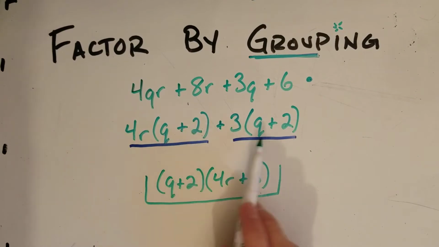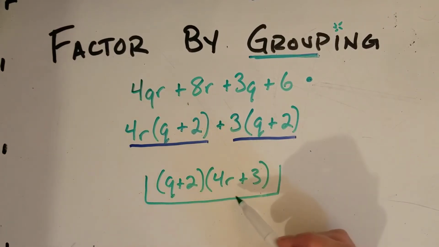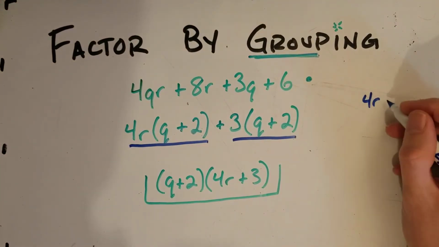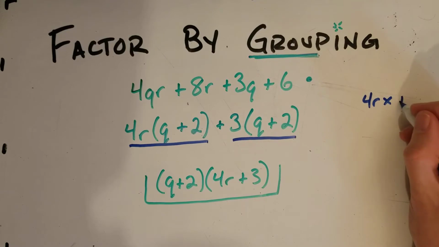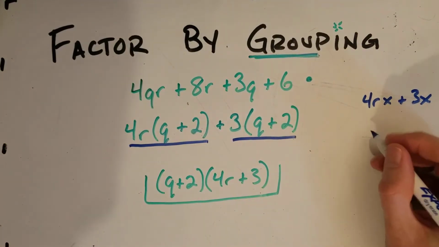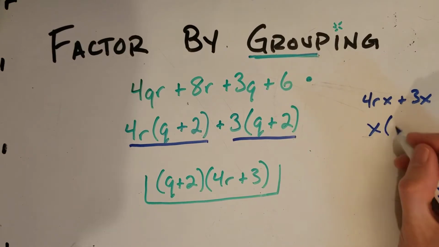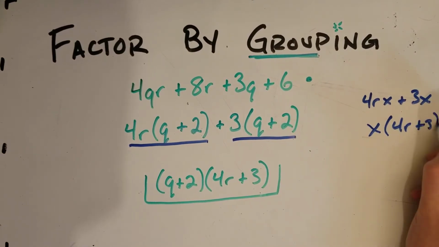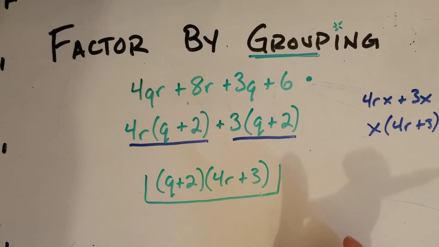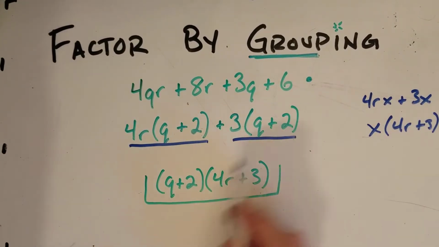We have a binomial in common. It might be a little harder to see how we're getting down here. I'll draw on the side. Let's say we had 4r times x plus 3x, and we factored out an x. You'd be left with 4r plus 3 times x. Well, here, instead of having x, you have a whole binomial, and you're factoring the whole binomial out.